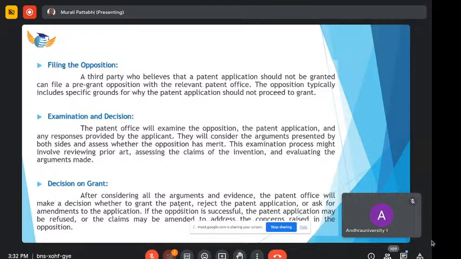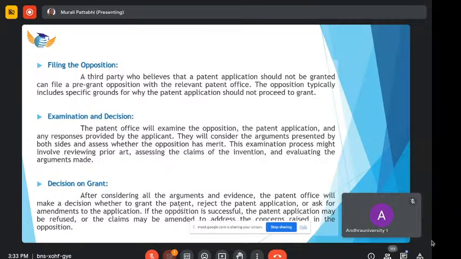arguments, on what basis. Suppose someone has raised a pre-grant opposition, the patent office will communicate that pre-grant opposition to the inventor, stating that you submit your arguments against that pre-grant opposition, and they will give us a date, and he would hear our arguments from both sides, from the person who is opposing your invention as well as from the inventor.